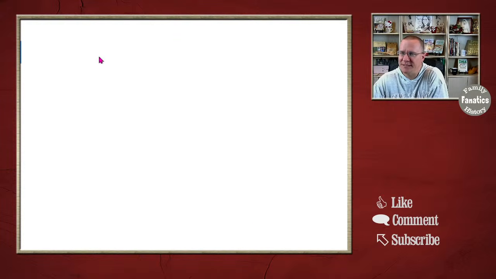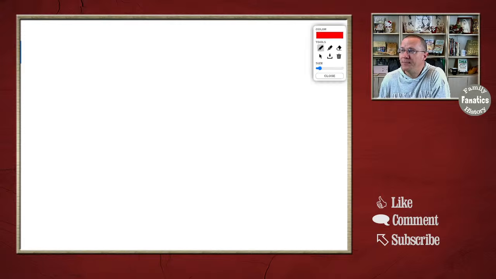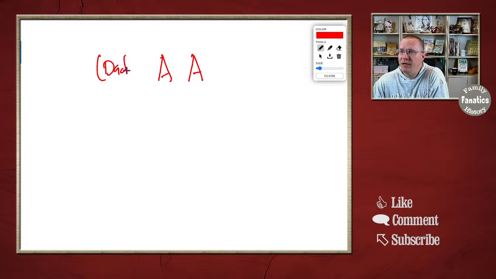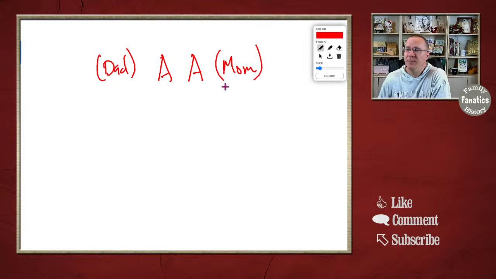Okay, so let's look at this again. Let's say that you have AA. Well, we know that, let me move this to the center so I can do a dad over here and a mom over here. Okay, but the next location you have an AC.